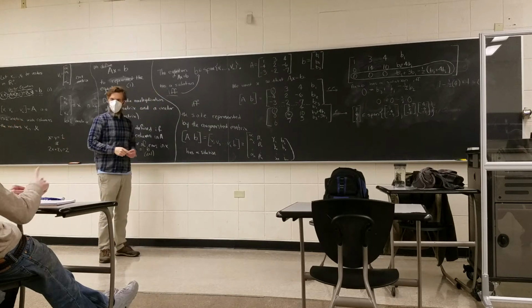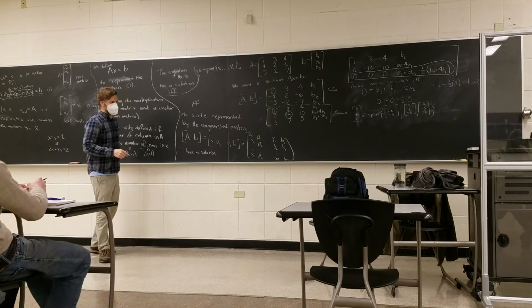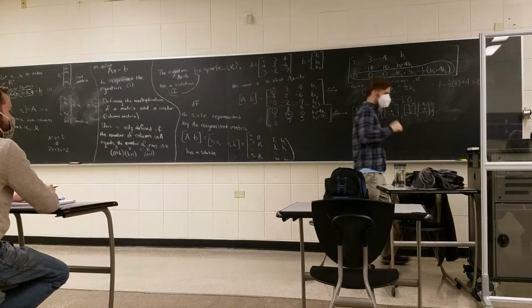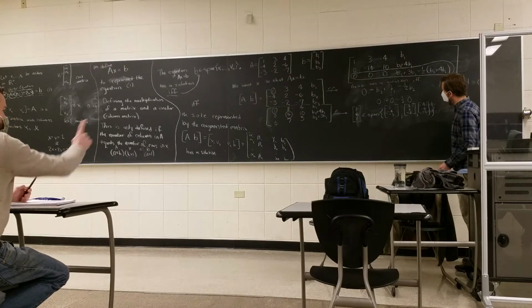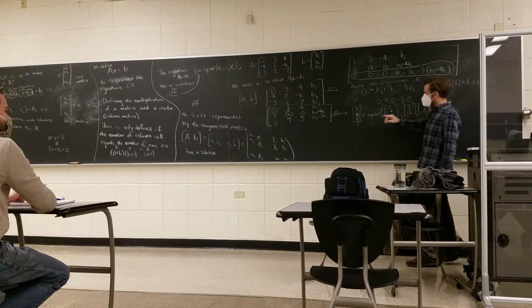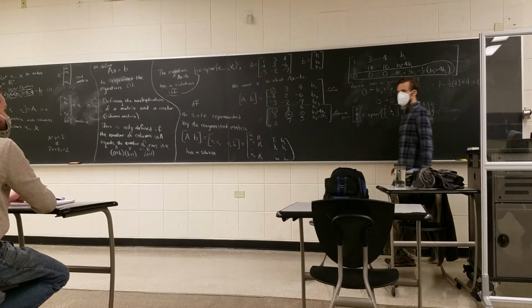Yes? So does that mean that the solution's not unique because we have different things that could be for the vector x? Because it was 0 and now it's 1, 4, 1, so the solution's not unique. This is not the solution. B is equal to this.